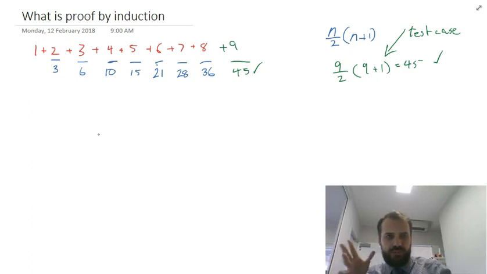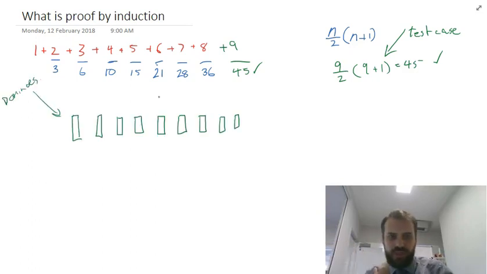Here's the concept behind the proof by induction. The analogy most maths teachers use, and I'm no exception, is the dominoes analogy. So you've got your dominoes here, and your dominoes represent each term: the first term, the second term, the third term, the fourth term, and so on. So, the proof by induction is a 3-step process.